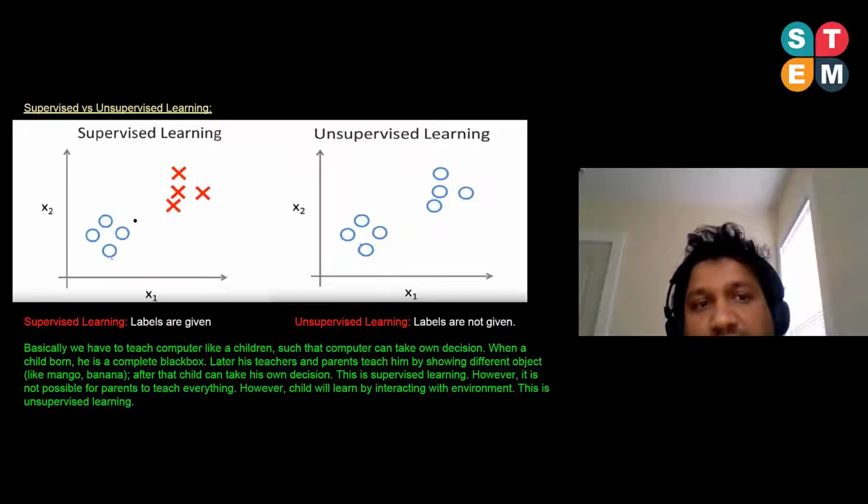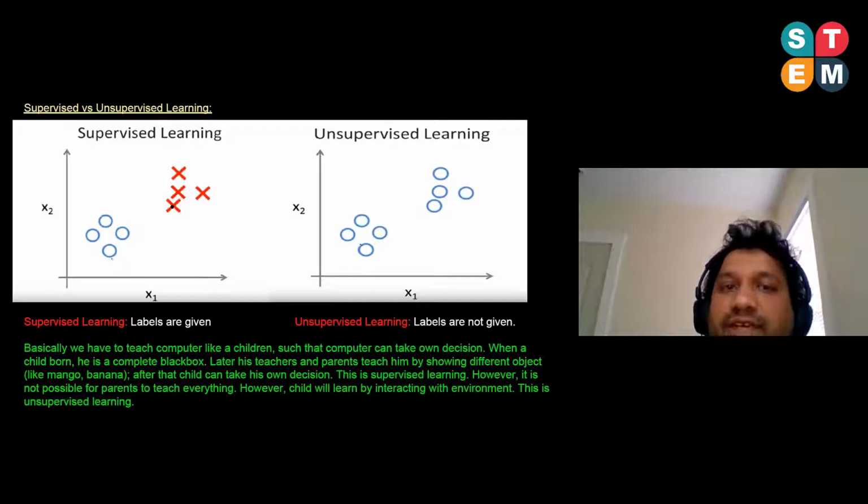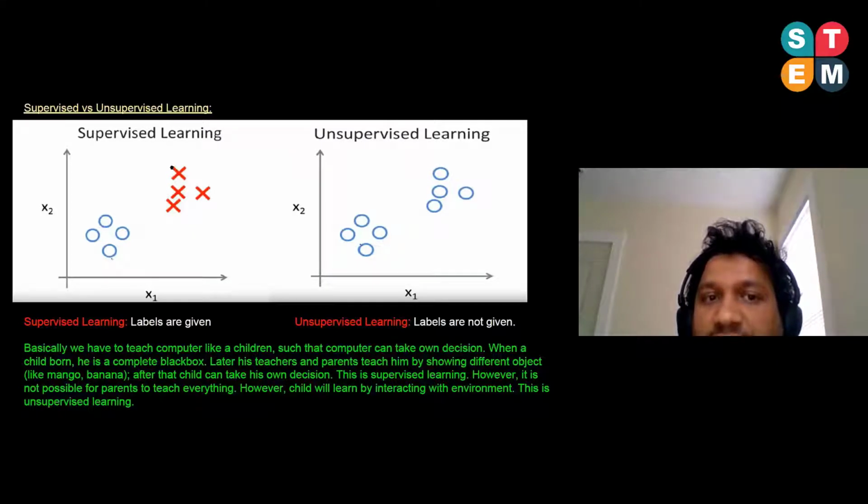In machine learning there is also supervised learning. In supervised learning, we give the computer the labels. Suppose I want to distinguish flaring and non-flaring regions. So let us label the flaring regions as red and non-flaring regions as blue.